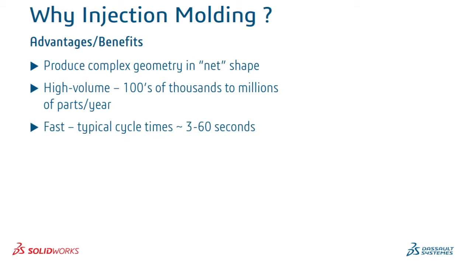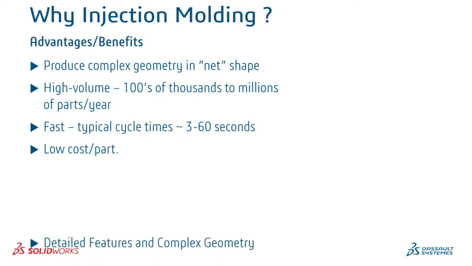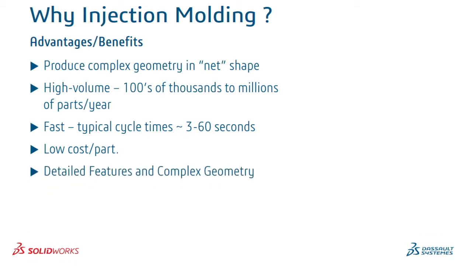Fast, correct? Cycle times are a few seconds to a few minutes. And low cost per part. Now the cost per part is very low as compared to other traditional manufacturing processes. And detailed features and complex geometry can be manufactured, right?